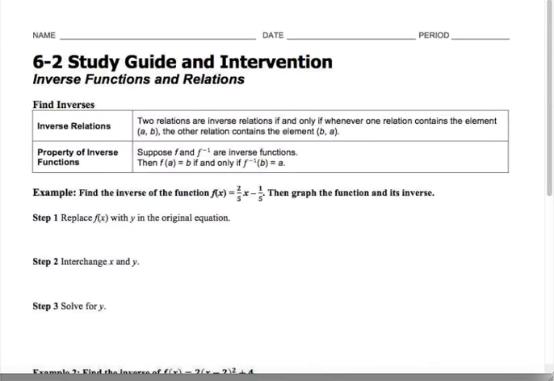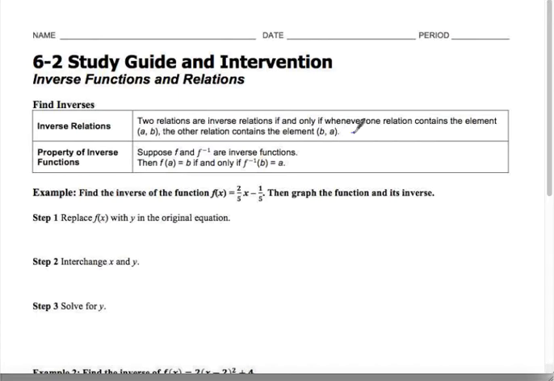So the other thing we talked about in class today was inverse functions. Inverse functions we talked about in class are if one of them contains a, b, some arbitrary point, then the other relation contains b, a. So these are flipped. There's no sign change. A lot of people, when they write inverses, want to flip fractions and whatnot.